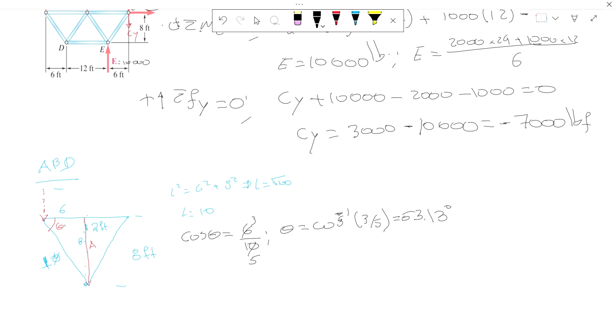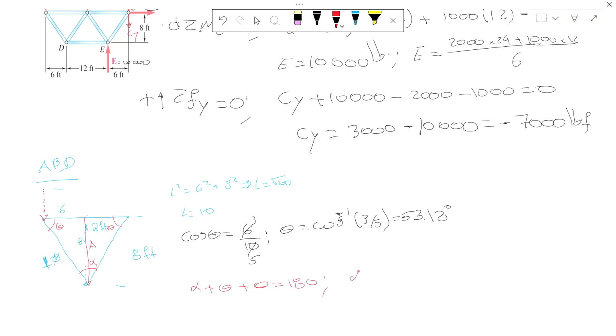Okay, so if this is theta and this is also theta, then we can find alpha. That means alpha plus 2 theta equals 180.